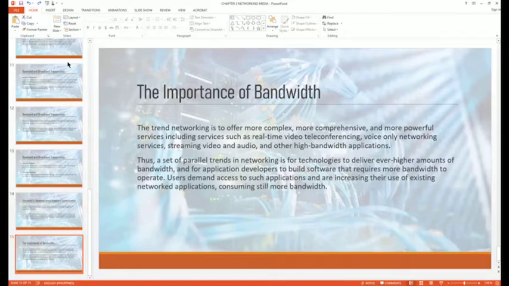Thus, a set of parallel trends in networking is for technologies to deliver ever higher amounts of bandwidth, and for application developers to build software that requires more bandwidth to operate. Users demand access to such applications and are increasing their use of existing network applications, consuming still more bandwidth.